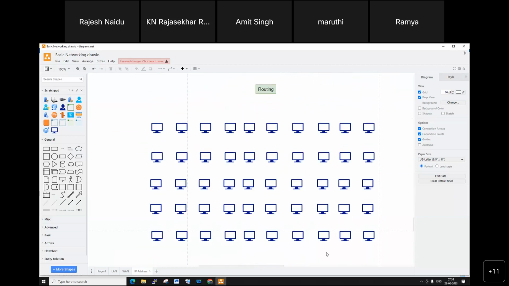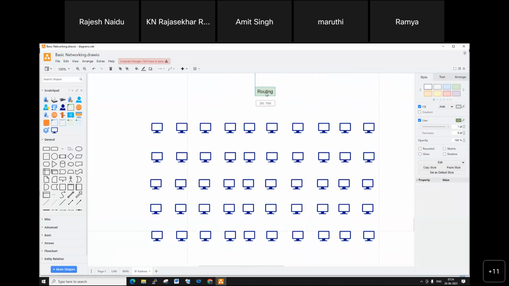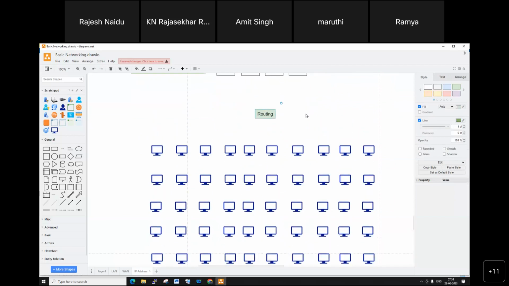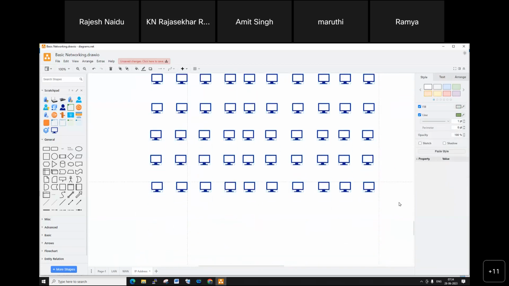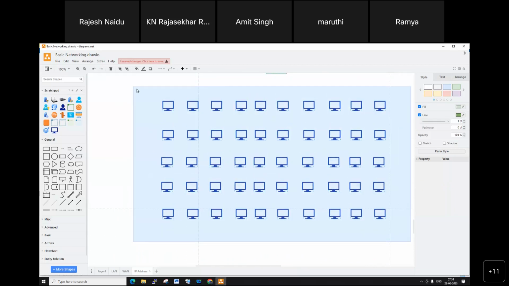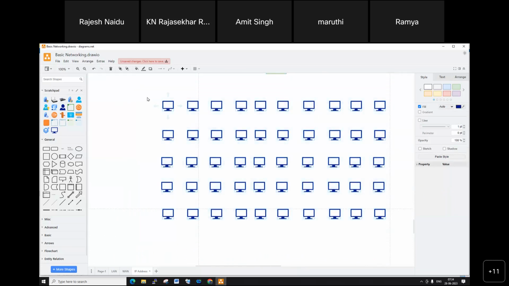In the LAN concept, as per the TCP/IP structure, only a few IP addresses can be assigned to a LAN. I'll tell you which IP addresses those are.